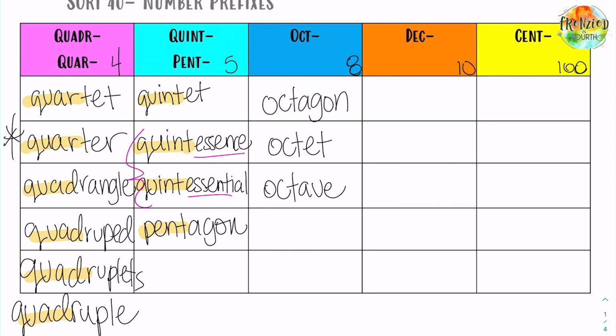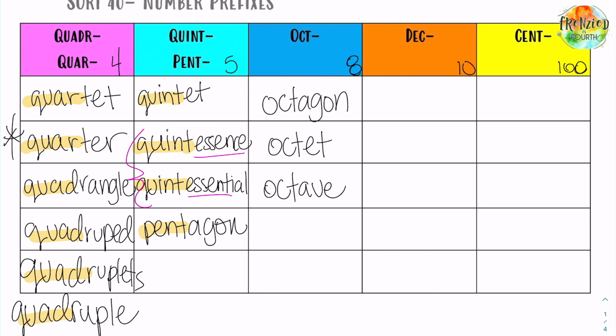An octet is a group of 8 people that make up some kind of orchestra or band that's filled with 8 people. And then we have an octave, which I actually didn't know what that was, but it's a musical word that means an interval whose higher note has a sound wave frequency of vibration twice that of its lower note.